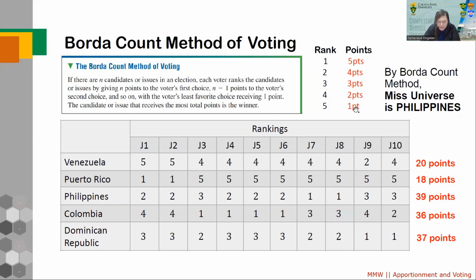So kung ihapon na nato si Venezuela, we add 1 plus 1 plus 2 plus 2 plus 2 plus 2 plus 2 plus 2 plus 4 plus 2. So that is 20 points.